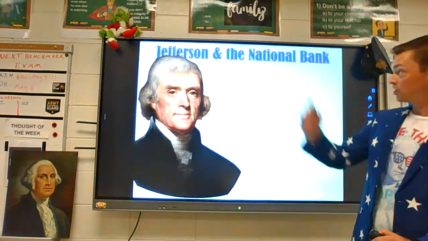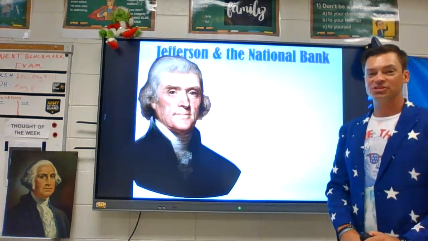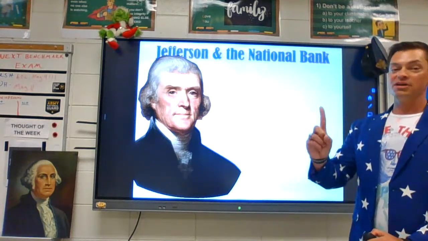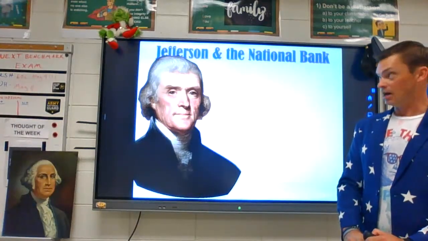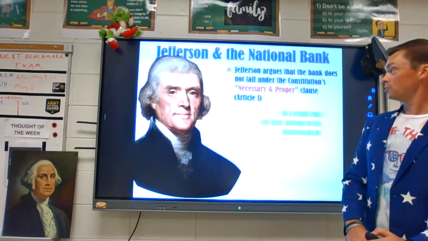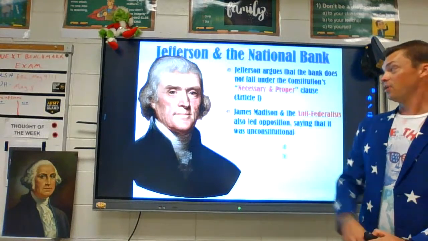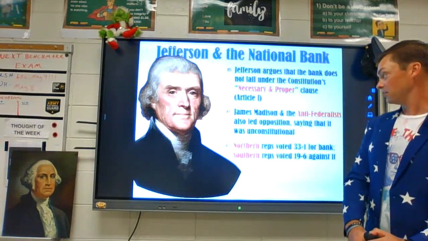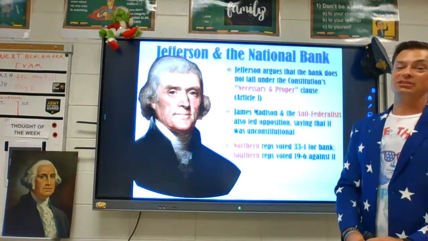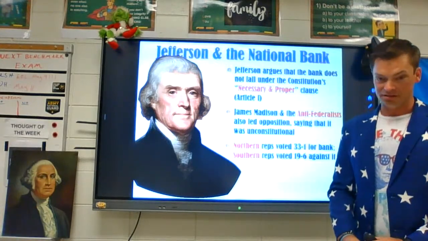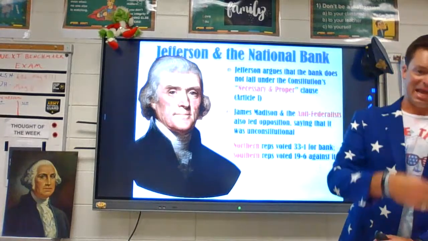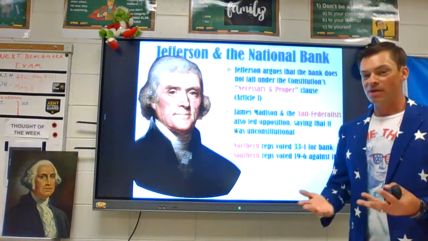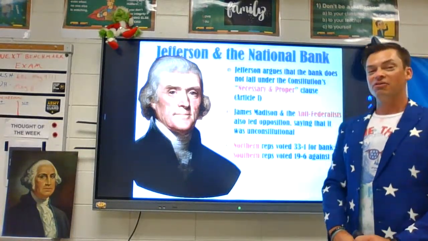Critics of the bank, well, Jefferson. Thomas Jefferson is going to be one of them. Not President Jefferson, not Vice President Jefferson. This is Secretary of State Thomas Jefferson. Thomas Jefferson argues that the national bank does not fall under Article 1's necessary and proper clause. Thomas Jefferson is an anti-federalist. So Hamilton, federalist, Jefferson, anti-federalist. You can see the early formation of political parties here.